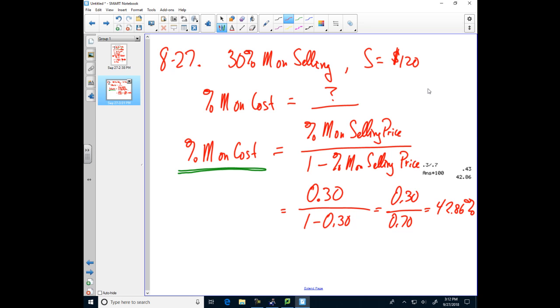Anyway, I can't figure out why he'd want to say what his markup is. Would you? And if I was going to say anything at all, I'd say it's $20 over cost, or I just put a dollar figure on there, because most people don't like to do percents. So they understand dollars, but they don't understand percents.